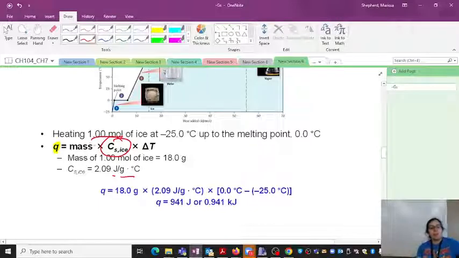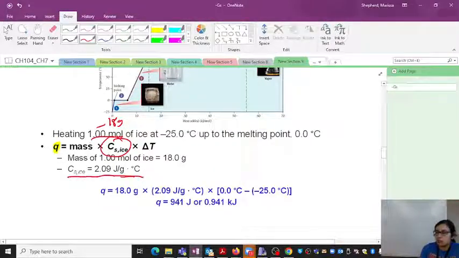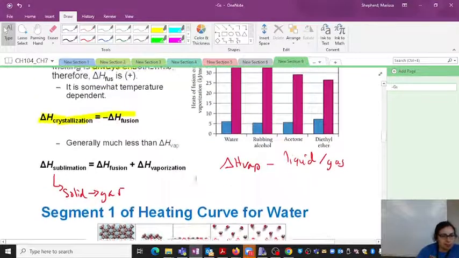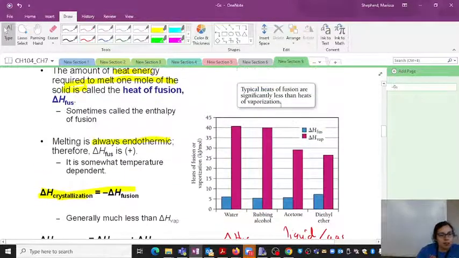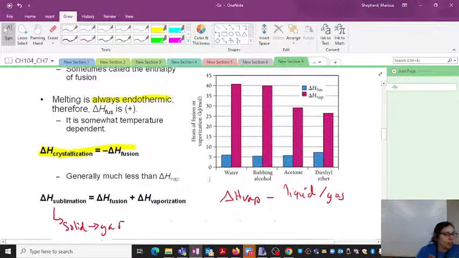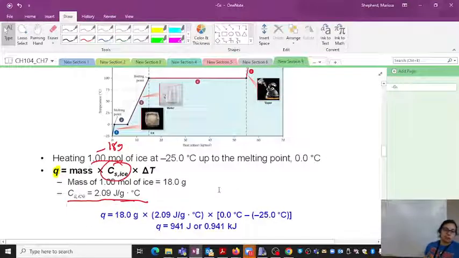So we have to convert moles to grams, which of course is 18 grams. Then we can plug it into our formula. So we have 18 grams times our specific heat, which is just a standard value you would look up, 2.09. Notice this is joules, because if you recall, our heat of fusion and vaporization were given in kilojoules, so much larger. Just keep an eye out for that.